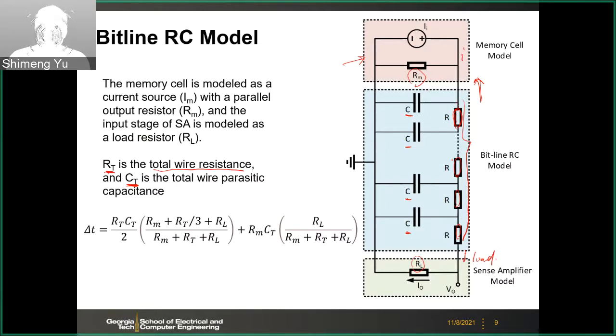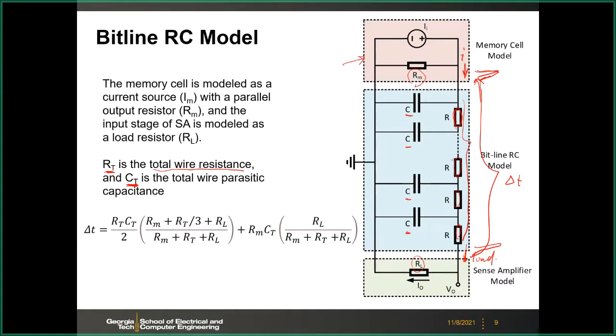We don't want to go into the tedious derivation, but this is the conclusion. If you have a signal, for example, your current signal coming out from the memory cell, you want to know the delay when it reaches the sense amp. So you will have some delay, delta t, when the signal propagates from here to here.